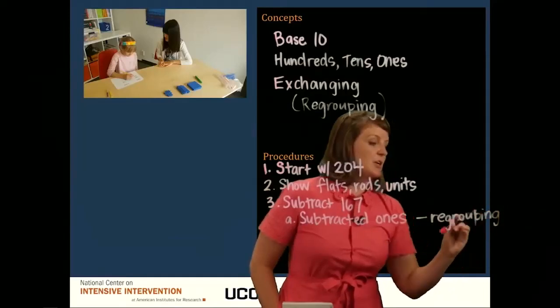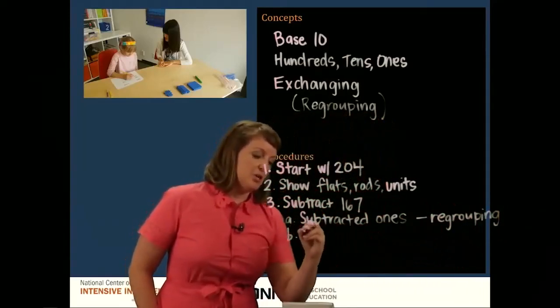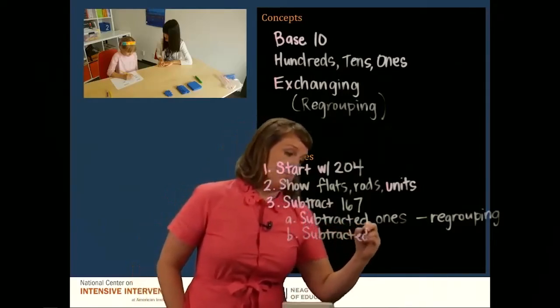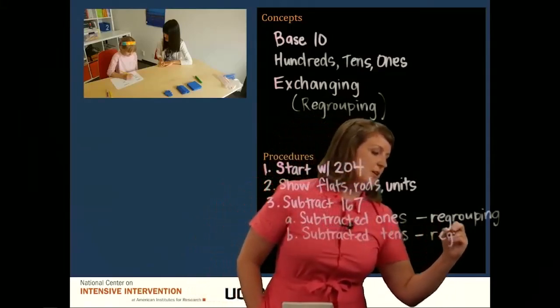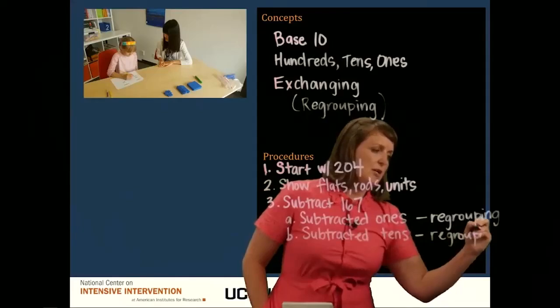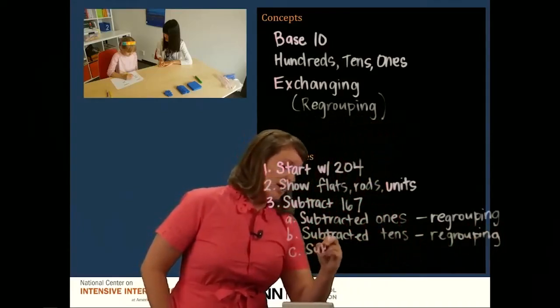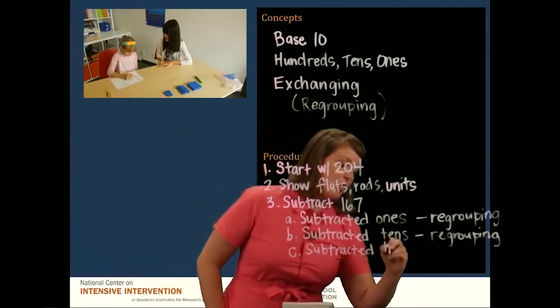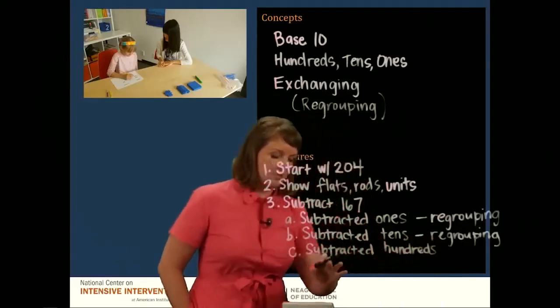And remember, she didn't call that regrouping. She called that exchanging. Means the same thing. Then Jing Shou and the student subtracted the tens and talked about a regrouping necessary there. And then finally, they subtracted the hundreds. So look at this procedure that Jing Shou is teaching. It's quite detailed, and this is not the simplest of problems, but there's quite a bit going on here in terms of what she's thinking about in terms of the procedures.